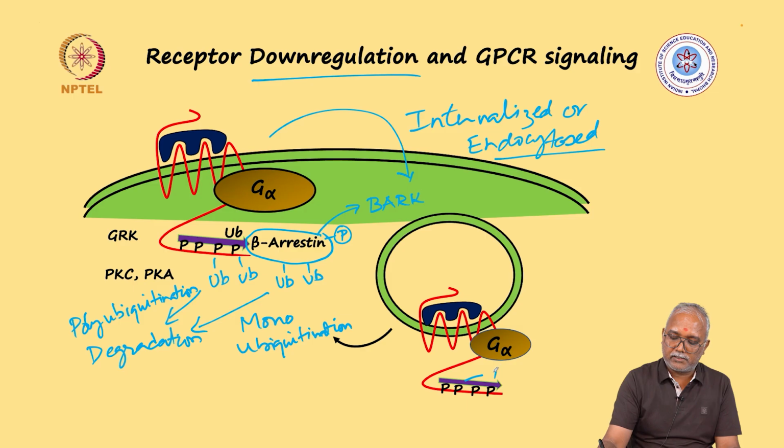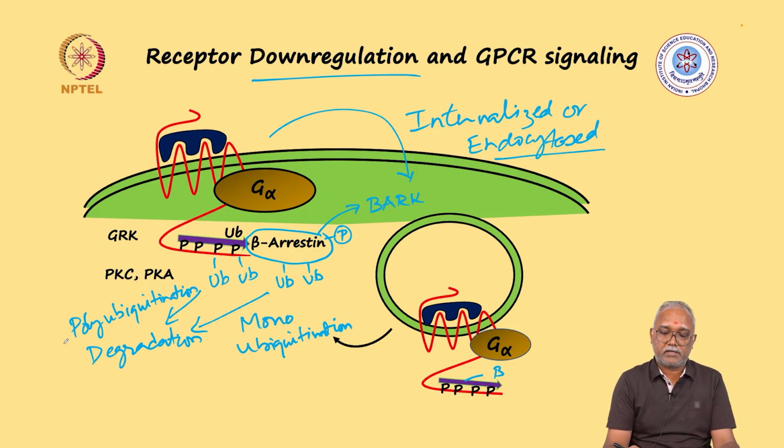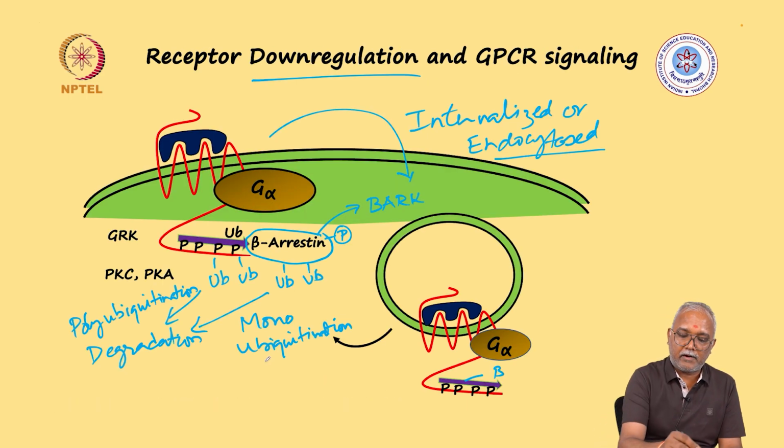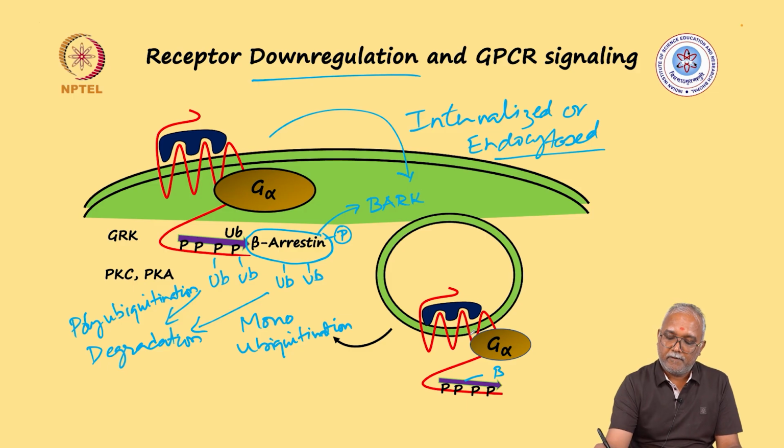The beta-arrestin may undergo degradation if it is further ubiquitinated and becomes polyubiquitinated. If it remains monoubiquitinated, it will be recycled back, ubiquitin will be released, and you will see the receptor getting back on the membrane. G-alpha is recycled on the membrane, not in association with the receptor. The ligand is either cleaved off or removed from the receptor.